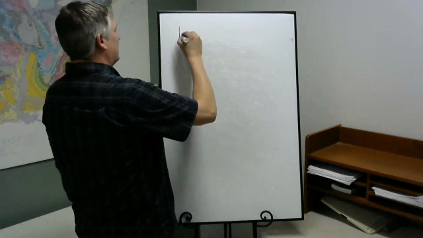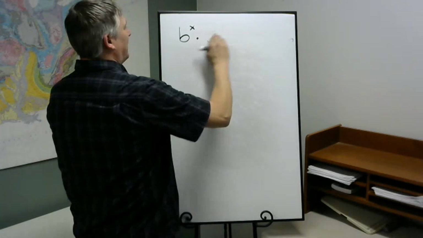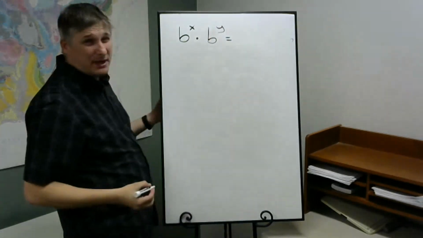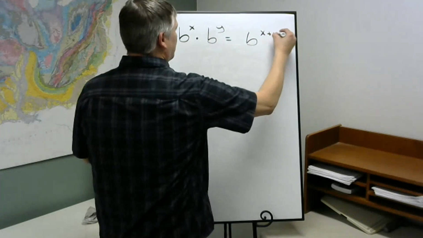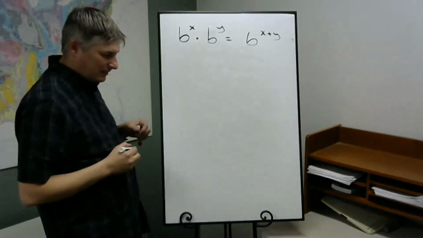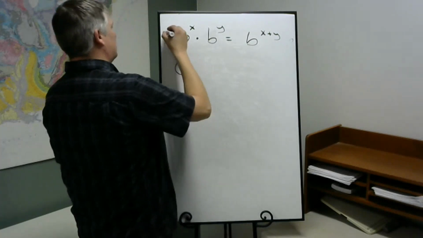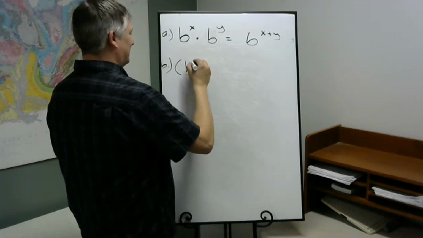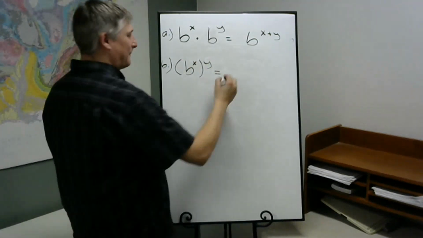So b to the x times b to the y. As long as the bases match, we add the powers. Now, if we have this, we'll call this A, we'll call this one B. Well, now we're going to multiply.